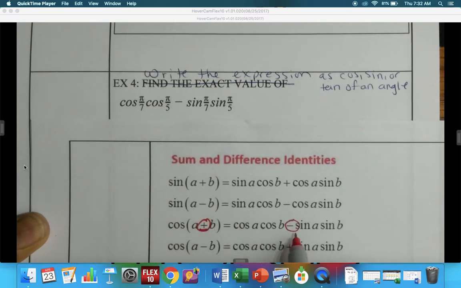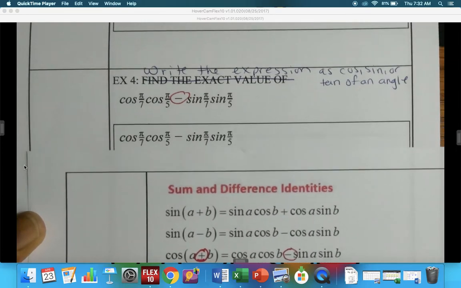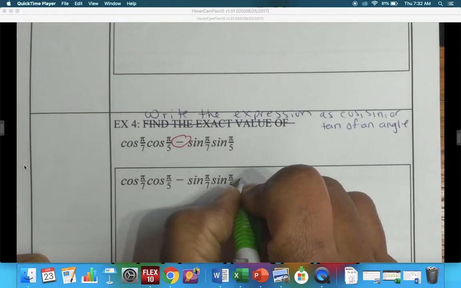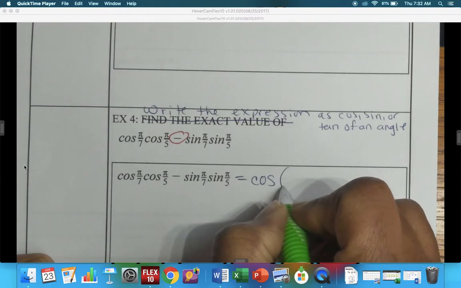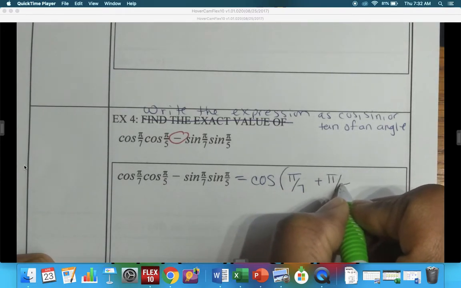If it's a sum of angles, my expanded form has a subtraction, right? So that's where I'm at. I have cos, cos minus sine, sine here. So that means when I condense it back down to 1, I'm going to have cos of my first angle plus my second angle. Right, so let's rewrite this. So instead of expanding it all out, I'm going to bring it back together as cos of the first angle plus the second angle.